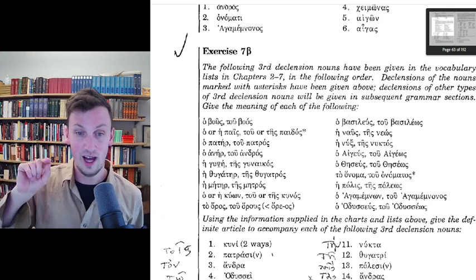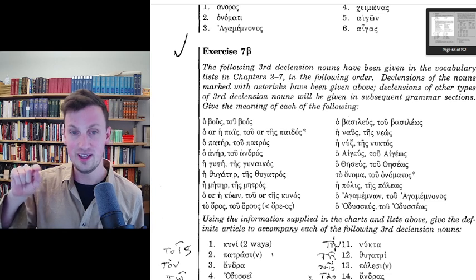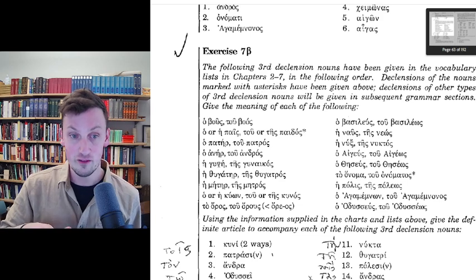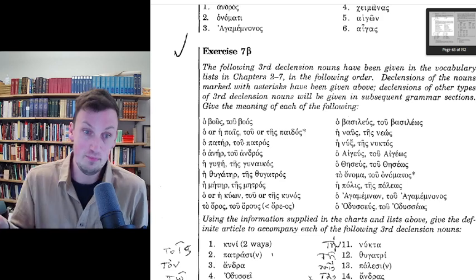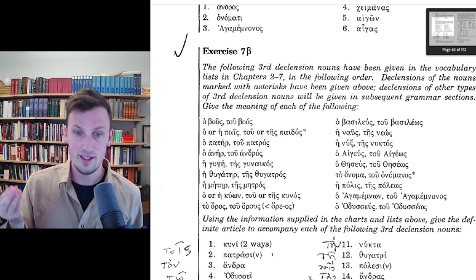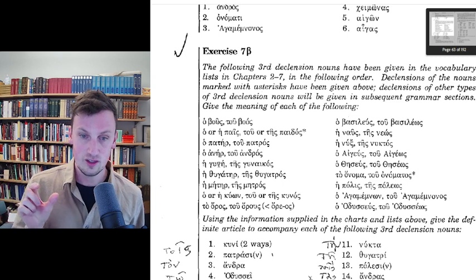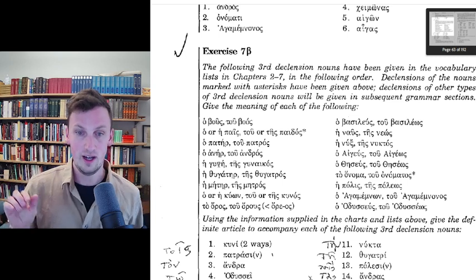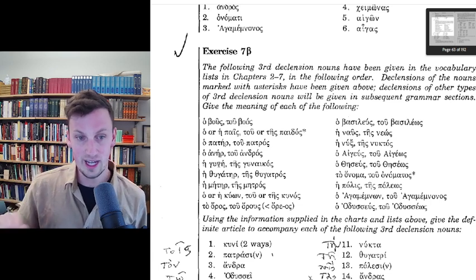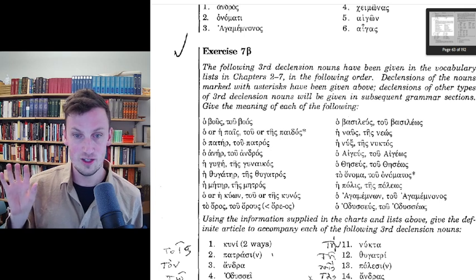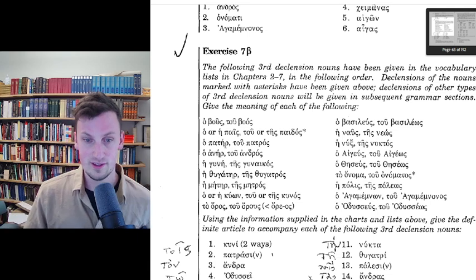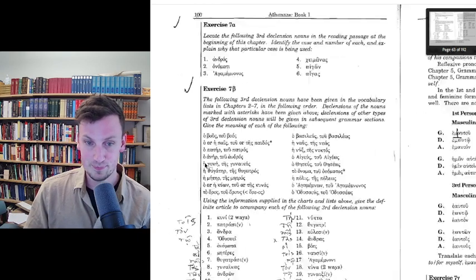It's not going to follow the first declension endings. It's going to be just a third declension noun. Tēs gunaikos, tēi gunaiki, tēn gunaika, right? So you're going to use your third declension noun endings with this feminine.